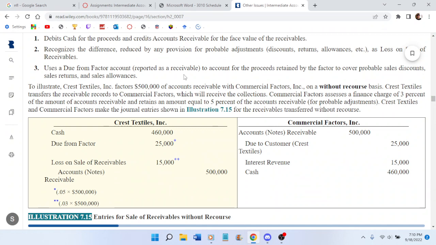What? This is so incredibly... What is due from factor? What is this, dude? That's a receivable. Due from factor is a receivable.